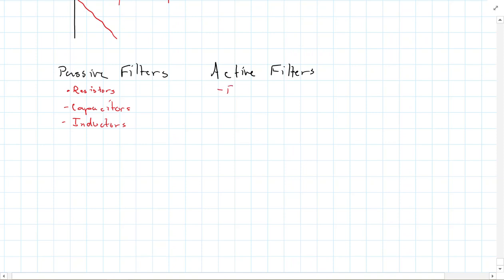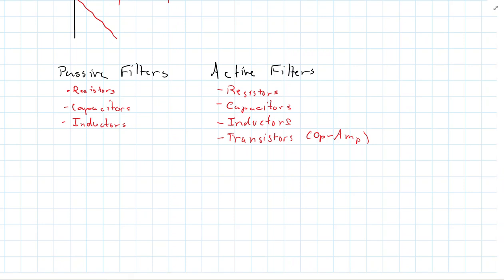Active filters will contain resistors, capacitors, inductors, but then they also include transistors, usually in the form of an op-amp. So we usually aren't going to have discrete transistors sitting there, but we have an op-amp, which is made up of transistors. So that's why it's considered an active filter. So that's the main difference between them.